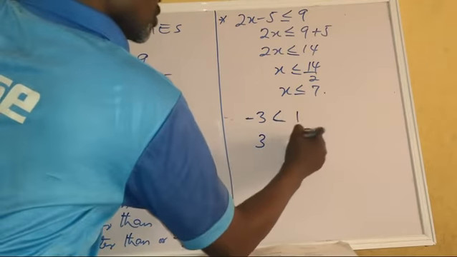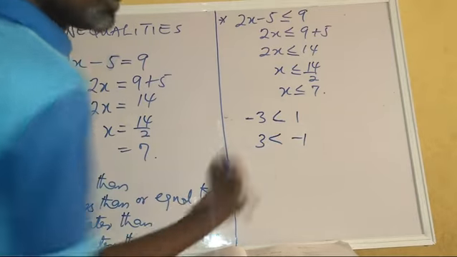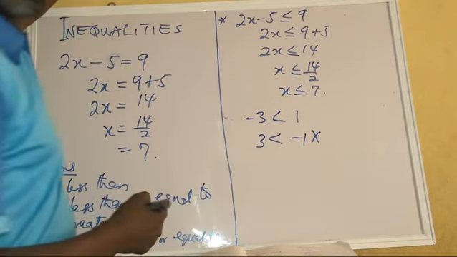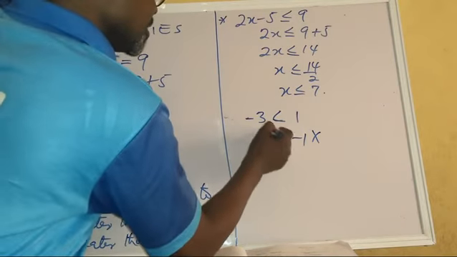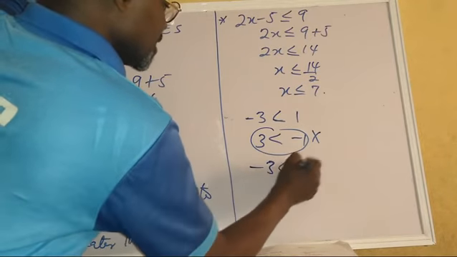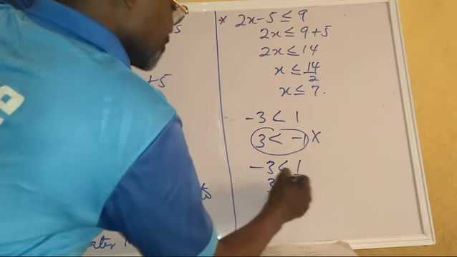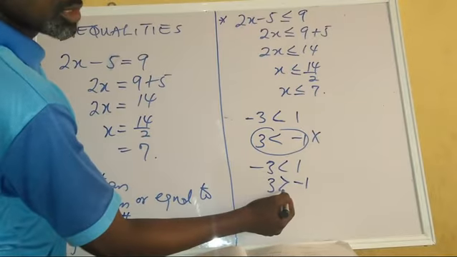You multiply this one, it's going to give me negative 1. Does it mean I'm going to write 3 less than negative 1? That is not possible. Then, if you cannot write this, it means negative 3 less than 1 is the same thing as 3 greater than negative 1. As you can see now, the sign has changed.